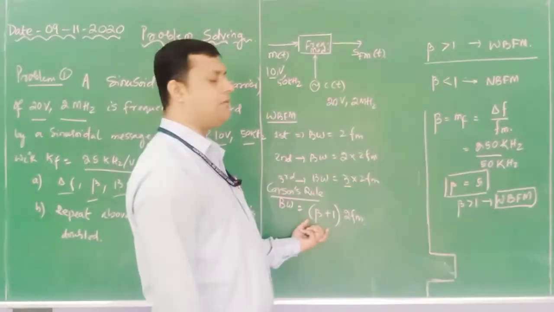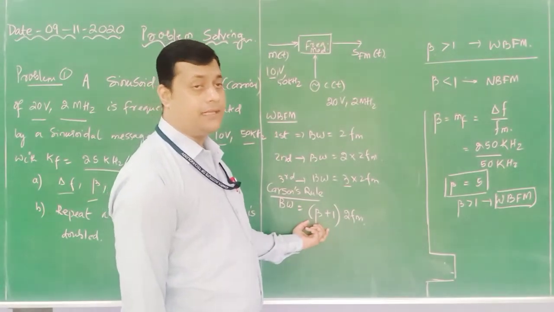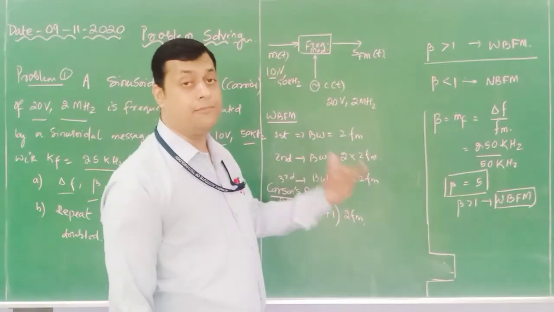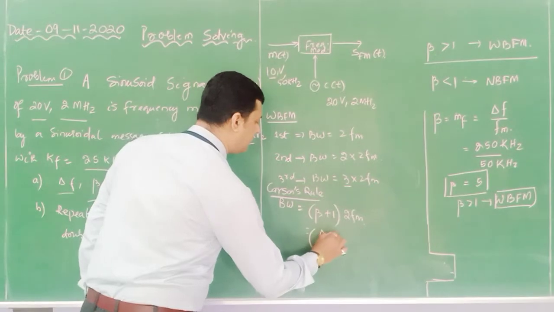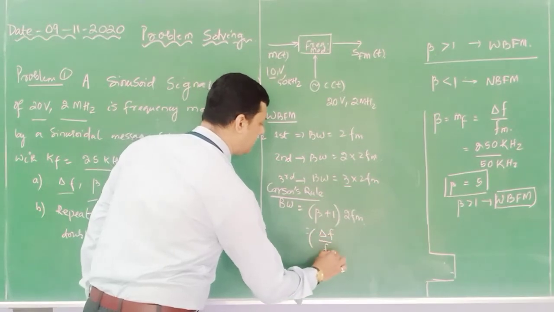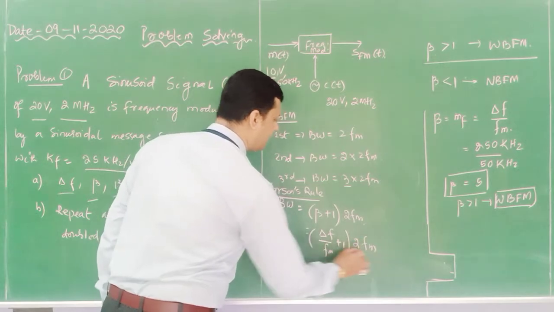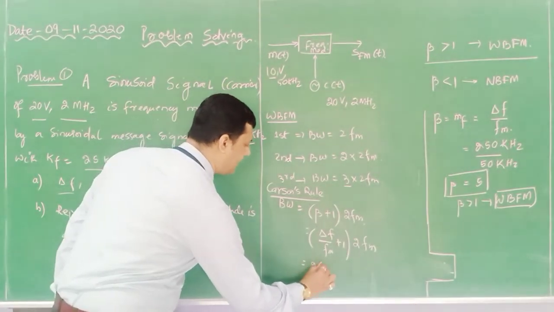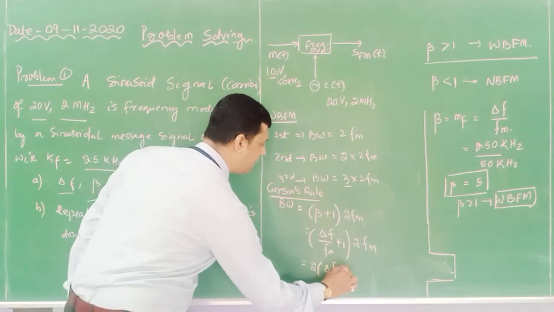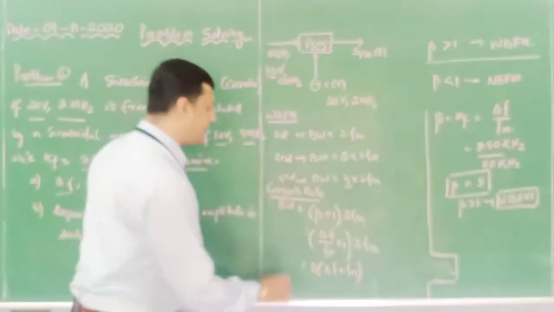So this factor indicates the identification of the order of a WBFM signal. Now I can resolve this by substituting del f by fm plus 1 into 2fm. If you take this fm upper side, you will get twice of del f plus fm, and this fm will be cancelled out.